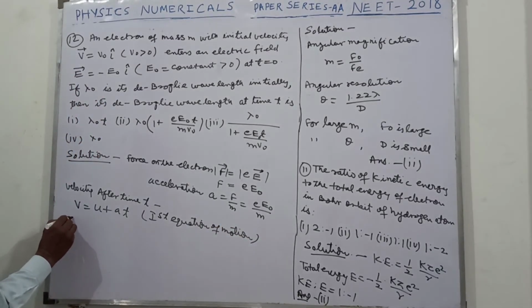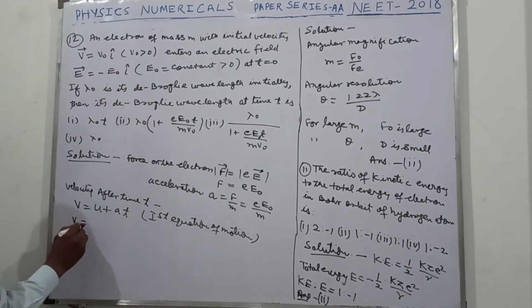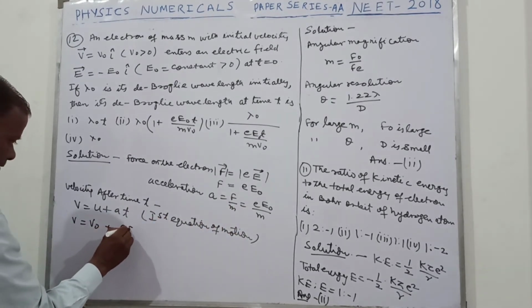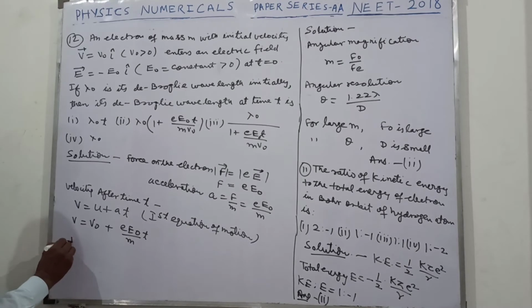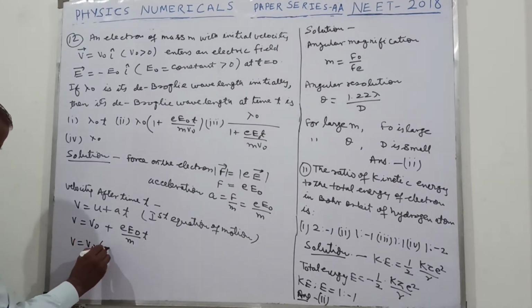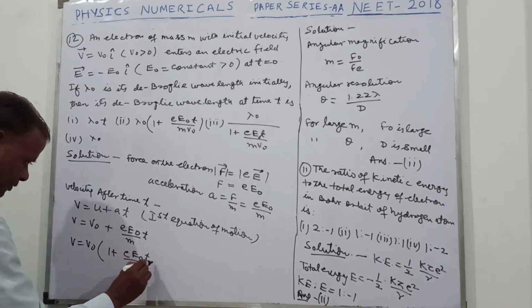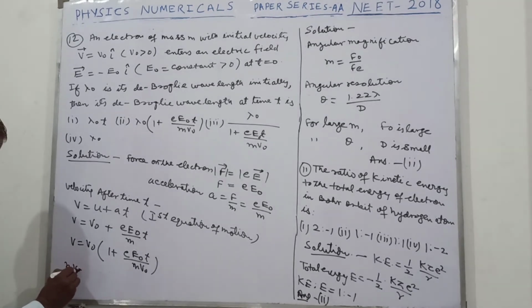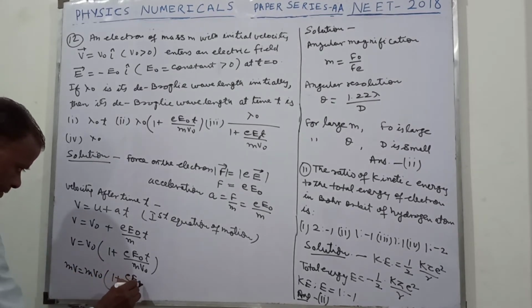Here u is v naught, plus a is e E naught upon m, multiplied by t. Then v equal to v naught, taking common, 1 plus e E naught t upon m v naught. Now multiply m on both sides: mv equal to mv naught into 1 plus e E naught t upon m v naught.